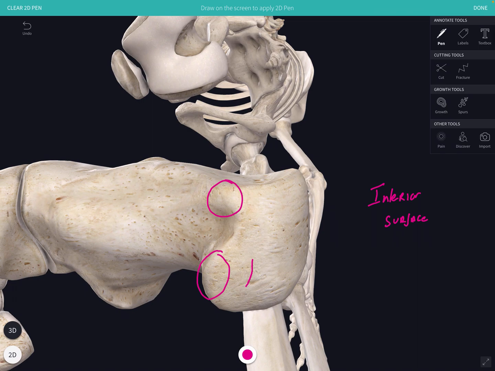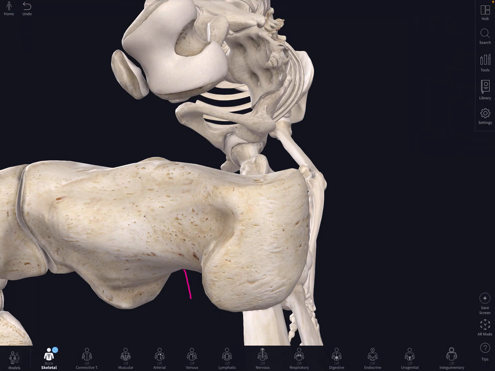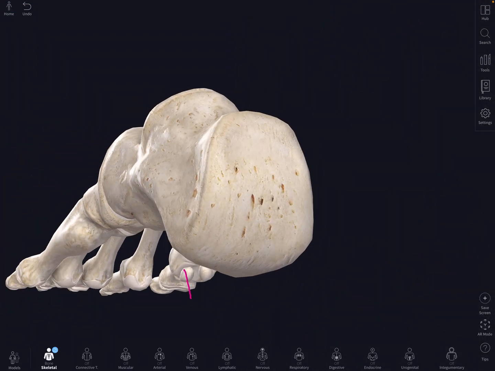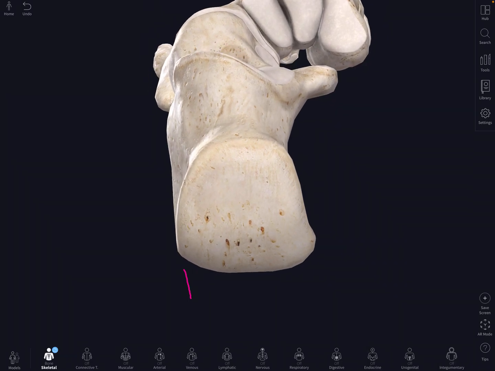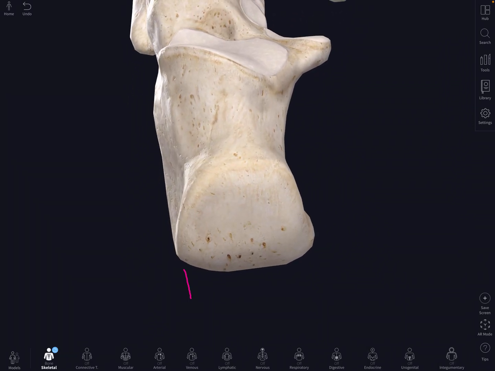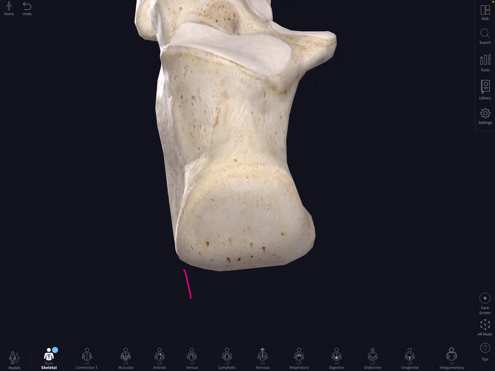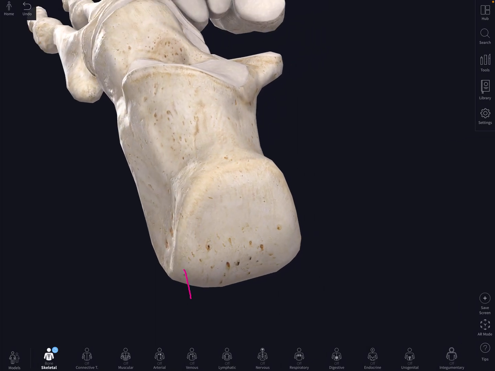Now the medial surface of the calcaneum. Let me rotate our calcaneum around again. Here's our calcaneum again, looking at the superior view.